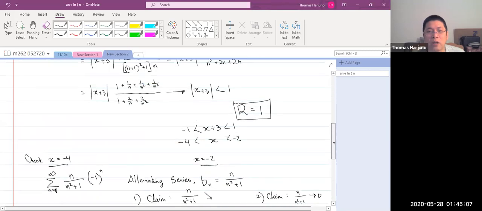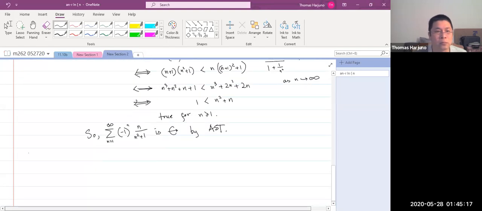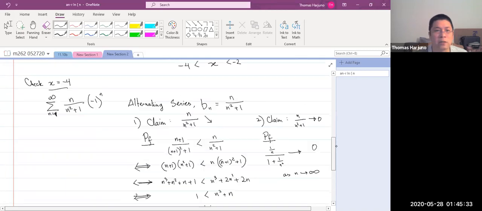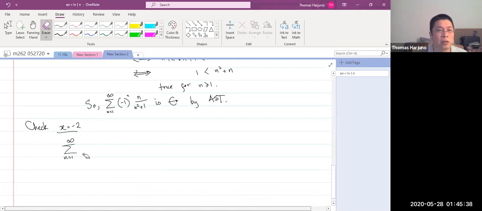Now, how about when x equals -2? Check when x equals -2, the series becomes the sum of n over n squared plus 1.